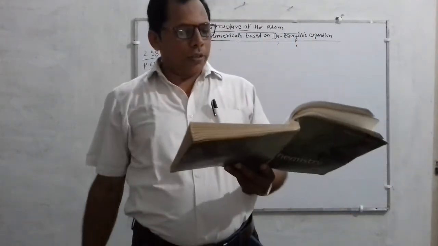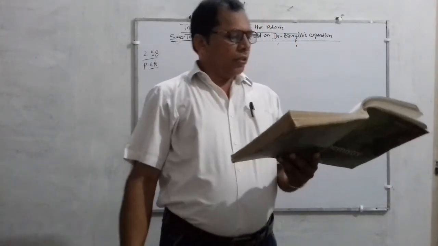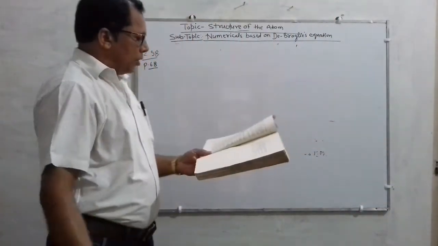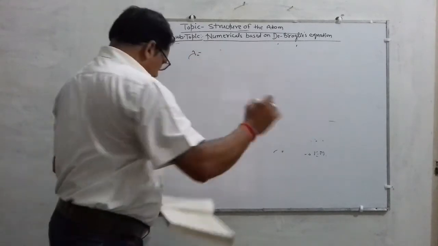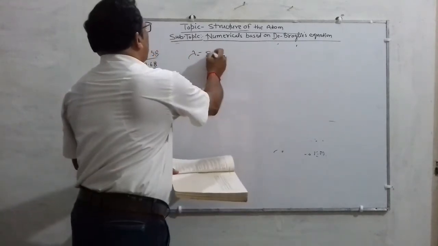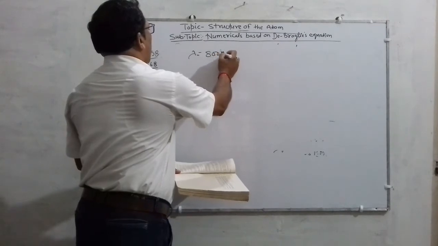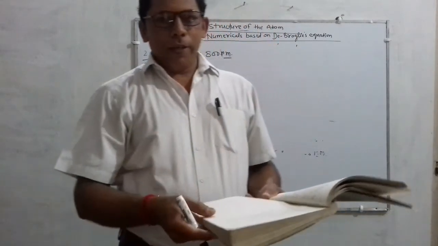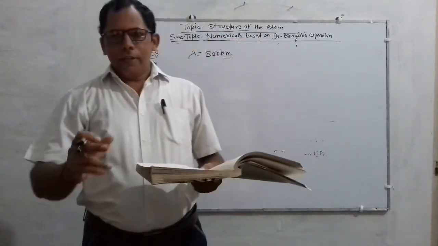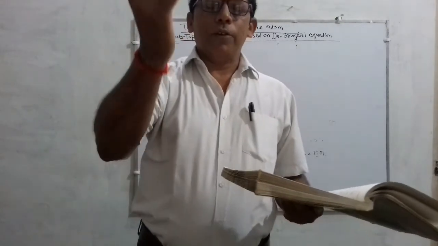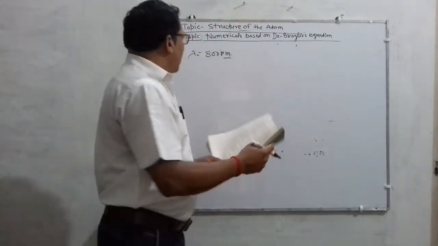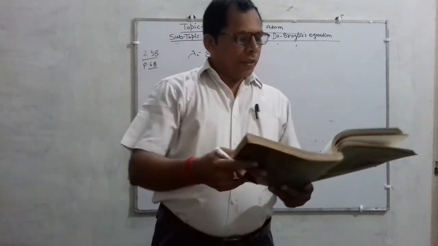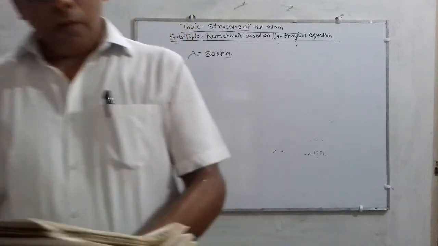Neutron diffraction microscope is also used for the determination of the structure of molecules. If the wavelength used here is given, lambda is 800 pm, and pm stands not for prime minister or past meridian, that is just the unit of wavelength, picometer. Okay children, alright. Then calculate the characteristic velocity. The question is asking velocity.